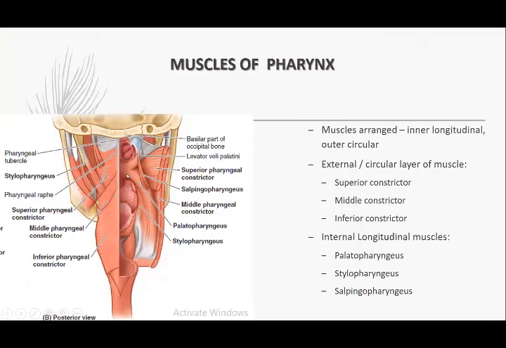Now the inner layer of muscles are the longitudinal muscles. Salpingopharyngeus is uppermost, most superior, going up to the nasopharynx; this is the eustachian tube. So this is the salpingopharyngeus, which opens the eustachian tube. Then the palatopharyngeus, and the inferior most is the stylopharyngeus.